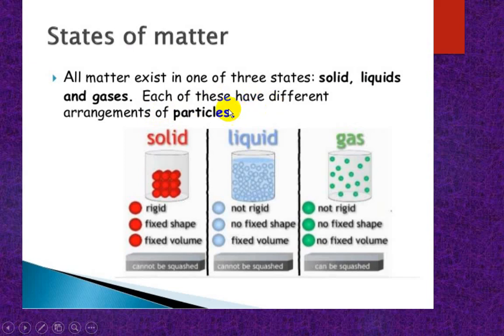Each of these has a different arrangement of particles: solid particles, liquid particles, gas particles. Solid particles are rigid; liquid and gas are not rigid. Solid has fixed shape and fixed volume.